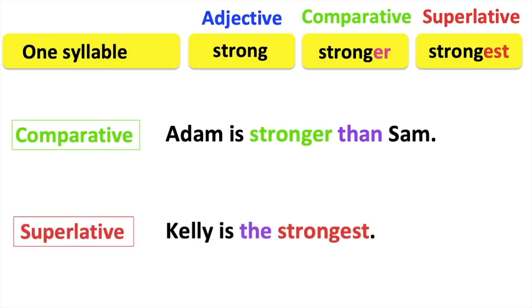Kelly is the strongest. Here, I'm comparing 1 person with a group of people. It's important to remember that we always use than after the comparative adjective because we're comparing 2 people. The article the is always used before the superlative adjective.